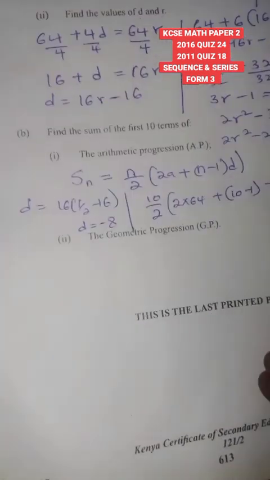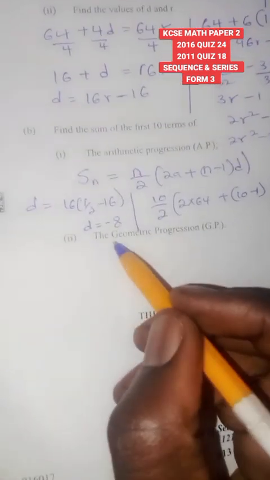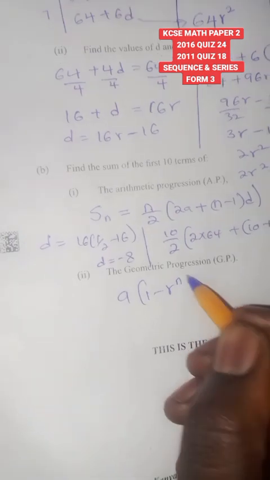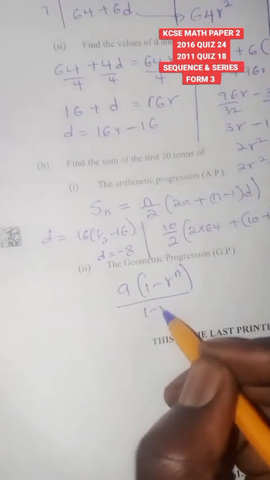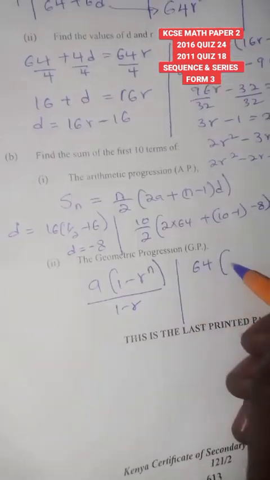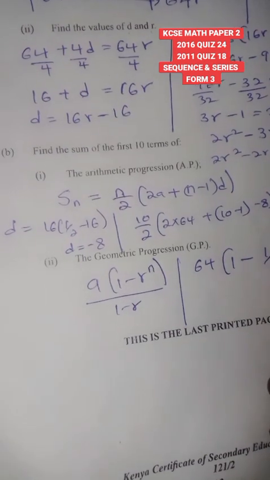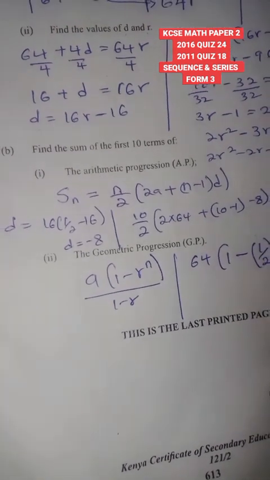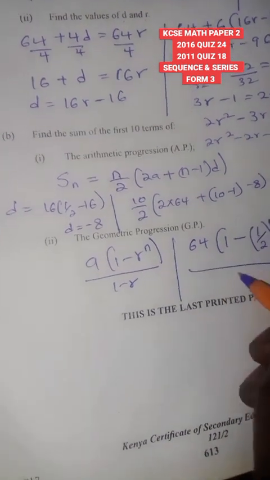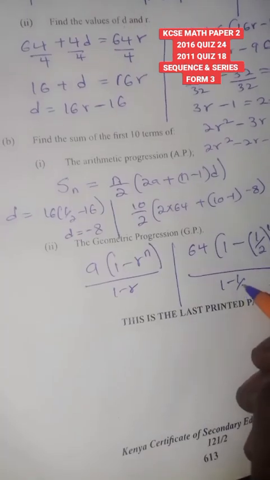The sum of a geometric progression, if r is less than 1, we say that a into (1 minus r to the power n) over (1 minus r). Therefore, we are going to take 64 into (1 minus the common ratio, which is a half, to the power 10) over (1 minus a half).